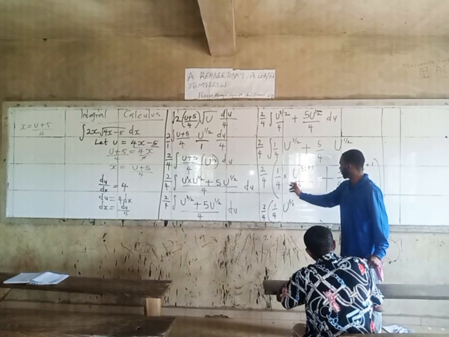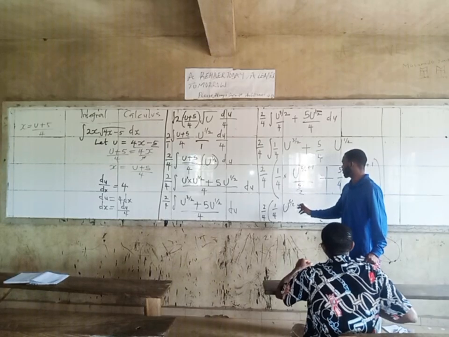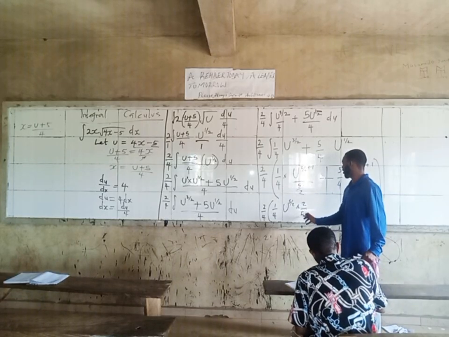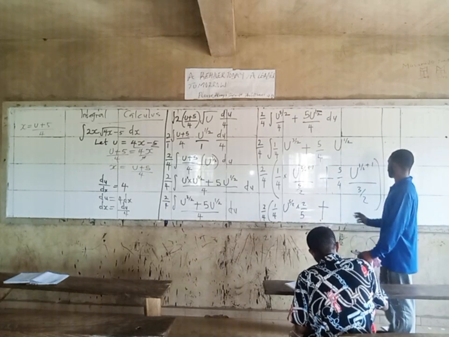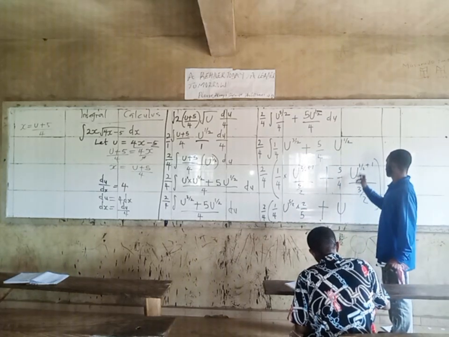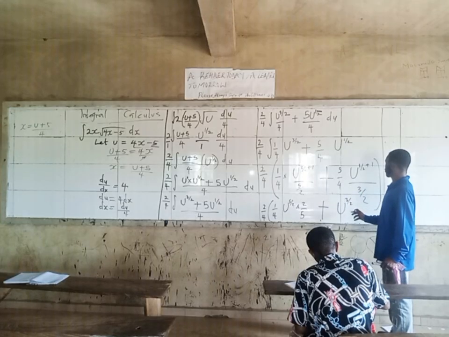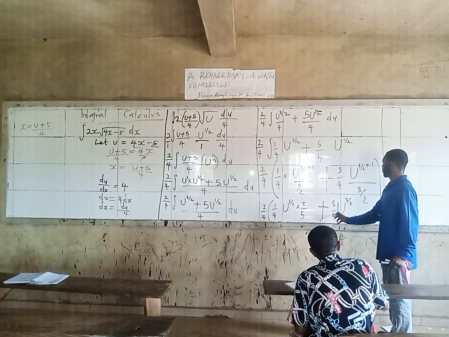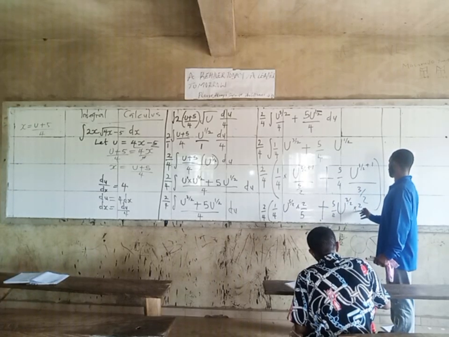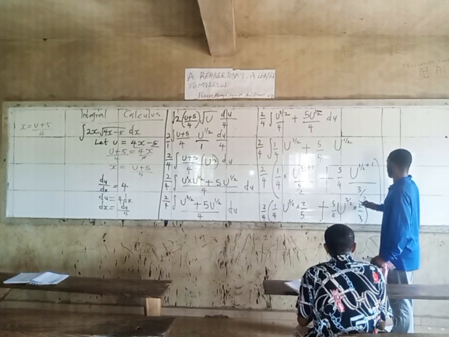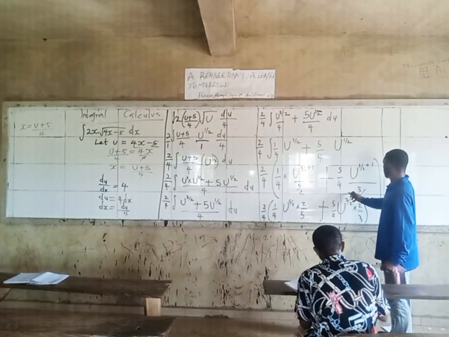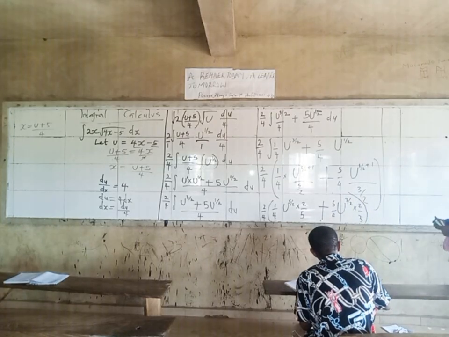If this is dividing, that means this can be the same as saying times 2 over 5, then plus u, this is 3 over 2, remember there's 5 over 4 here, then times 2 over 3.